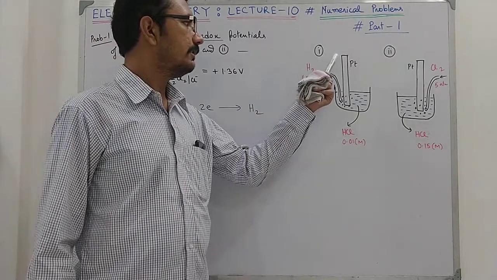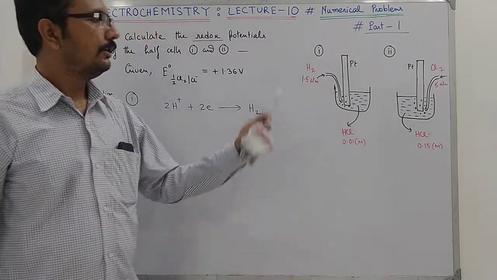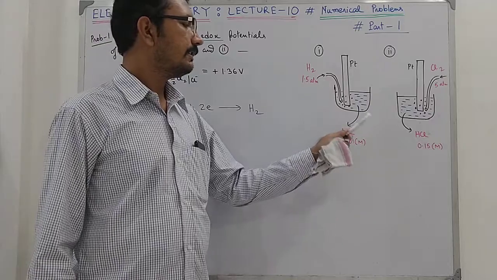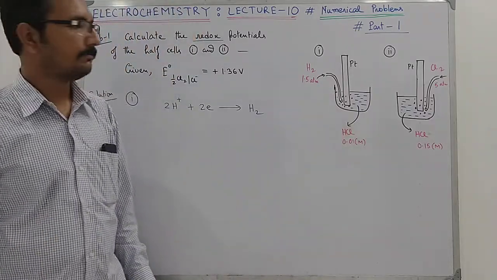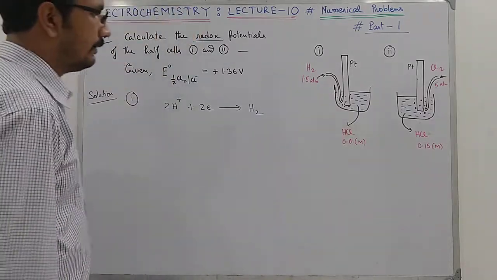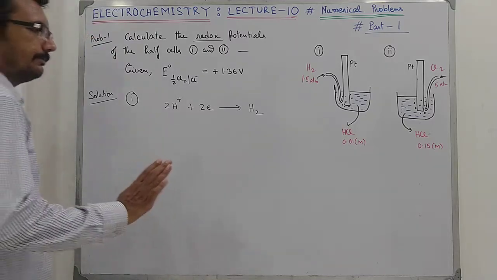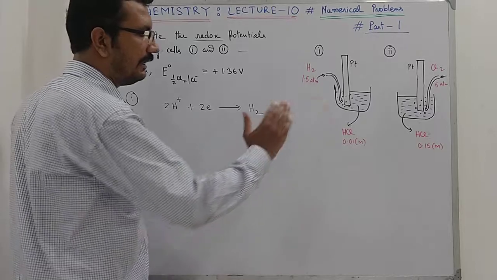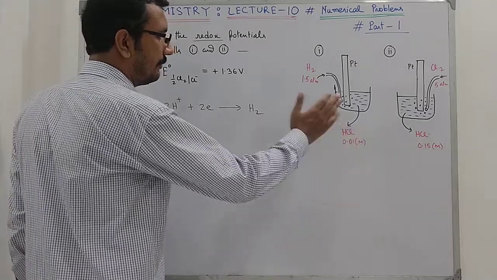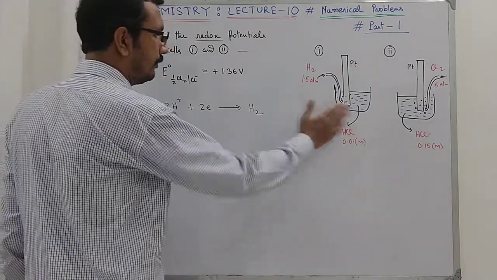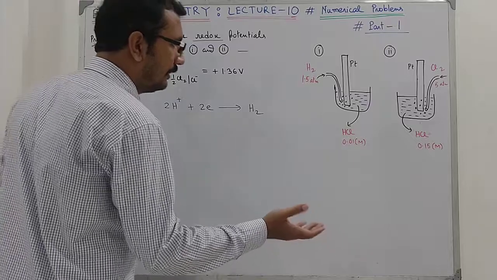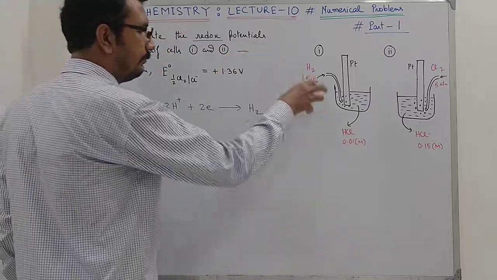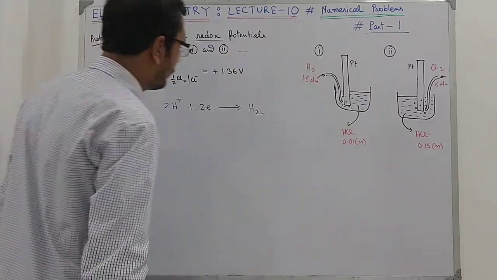The charge of this electrode depends on which half cell is connected to it. But in this problem we will not get any other half cell, and we don't have to combine it to form a complete cell. We have to concentrate only on this half cell.